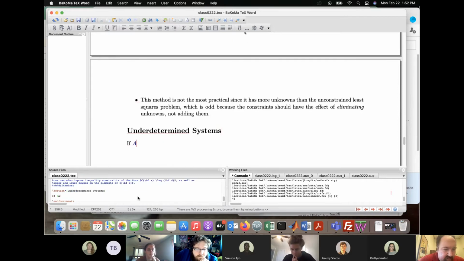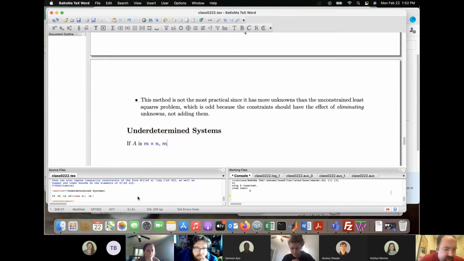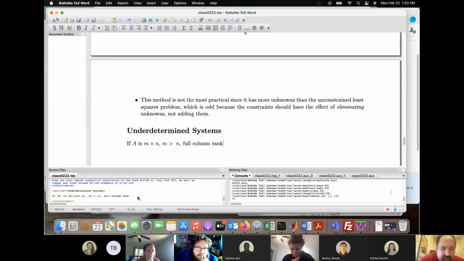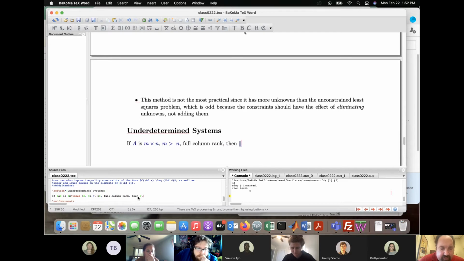So if your matrix A is m by n, m greater than n, full column rank, then we know that this system Ax equals b might not have any solution.